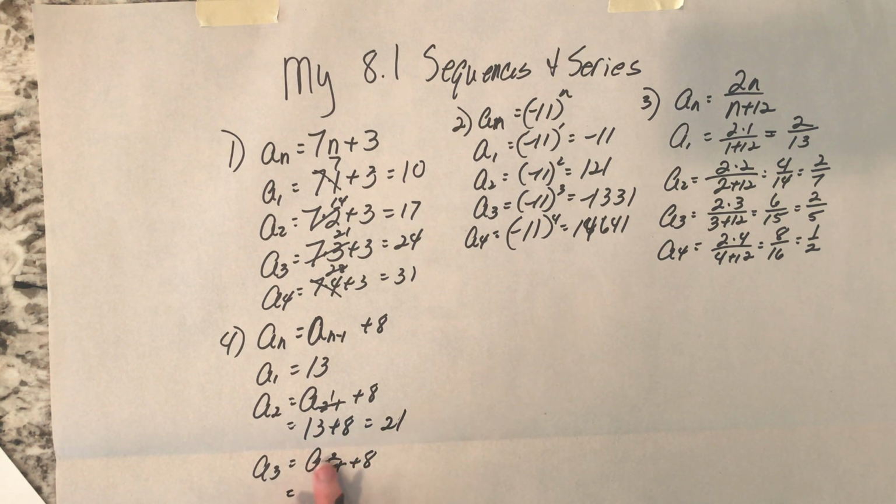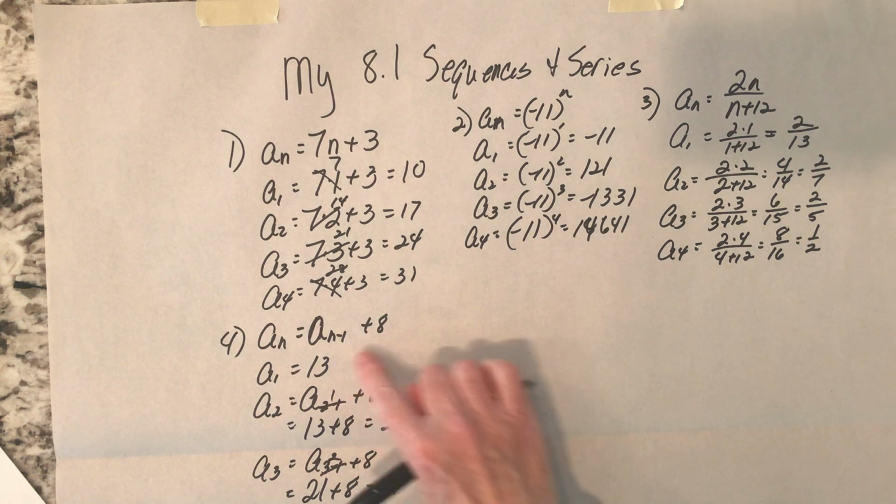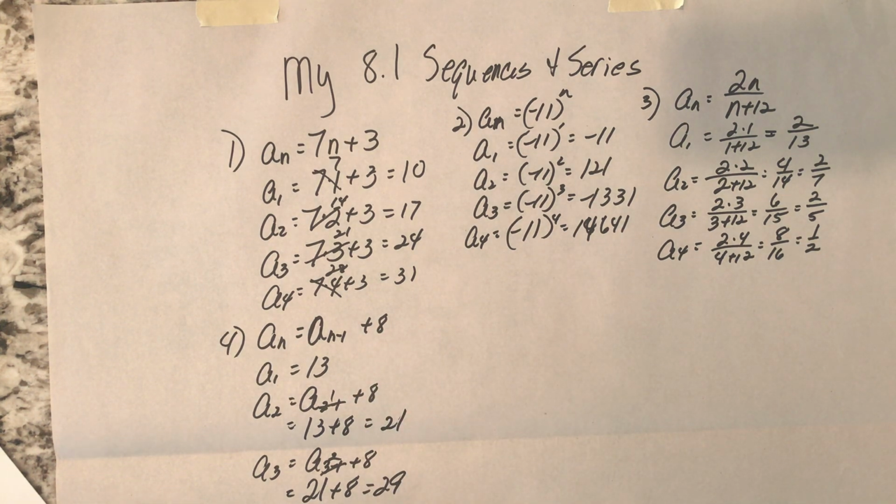So you're grabbing the previous answer. A sub 2 is 21 plus 8. That gives us 29. A sub 4 is a sub 4 minus 1 plus 8. 4 minus 1 is a 3. So we're finding the previous answer, 29 plus 8, and getting 37. So we've got 13, 21, 29, and 37 as our answers.